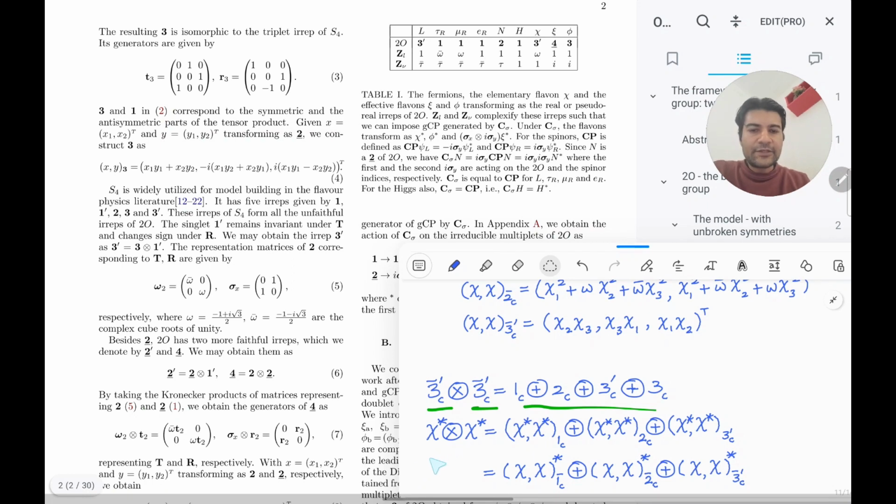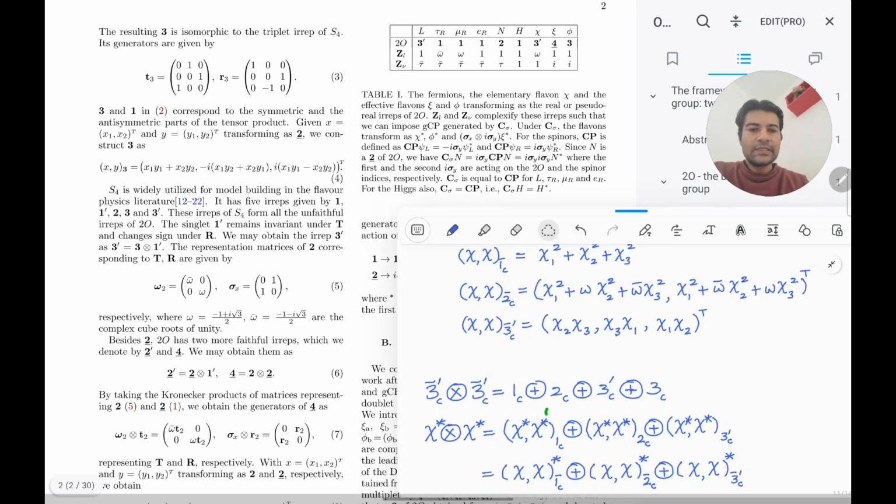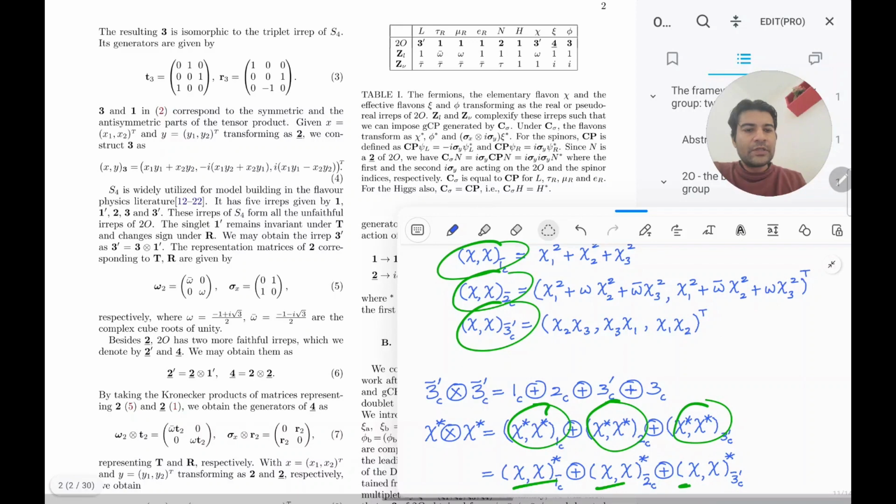So that corresponds to chi star cross chi star, and we get these objects chi star 1, chi star 2, and chi star 3'. And these objects are defined as the complex conjugates of the objects obtained earlier. That is, this object is the complex conjugate of this, that is shown here. This object is the complex conjugate of this, so I've denoted it here, and like that.